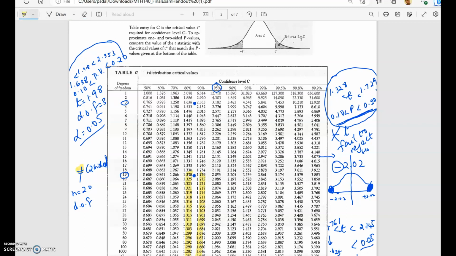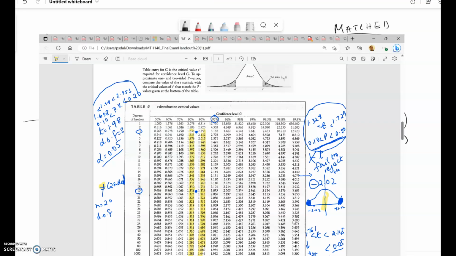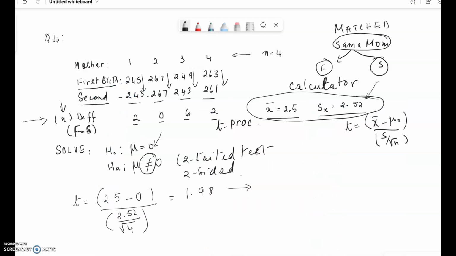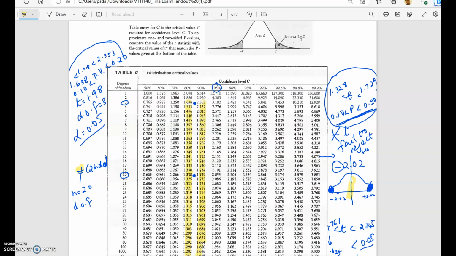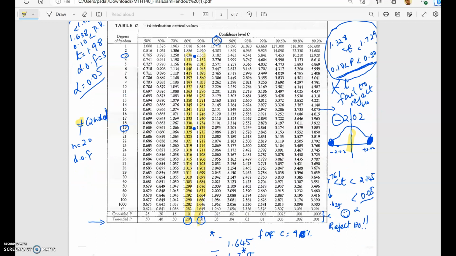We go down the column and look for the two-sided numbers. And that is 0.20 and 0.10 for the two-sided test.